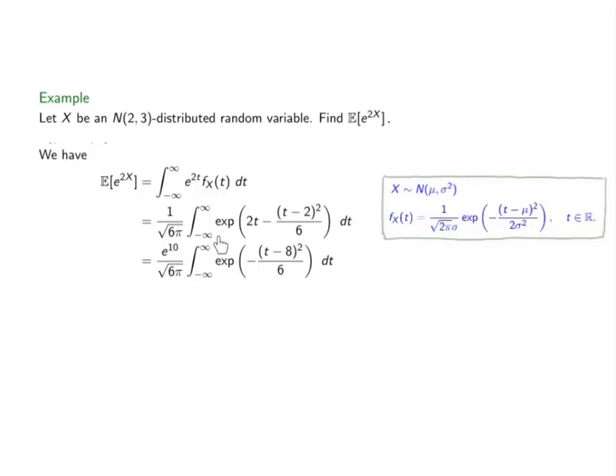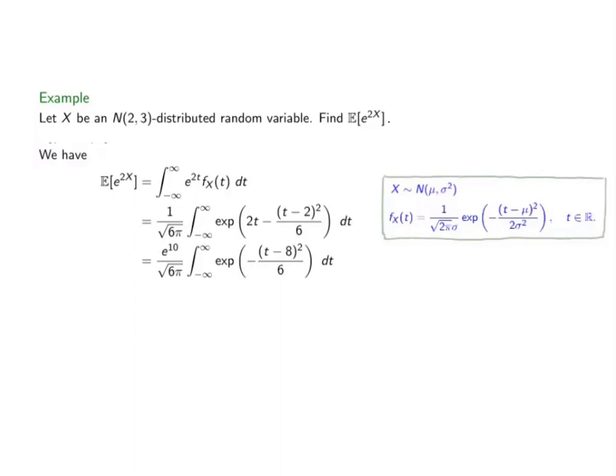Please notice that with this type of expression as the integrand, this type of integral is difficult to obtain directly. The reason is that there is a square here for our variable t, but there is no t here for us to perform substitution of the variable t.